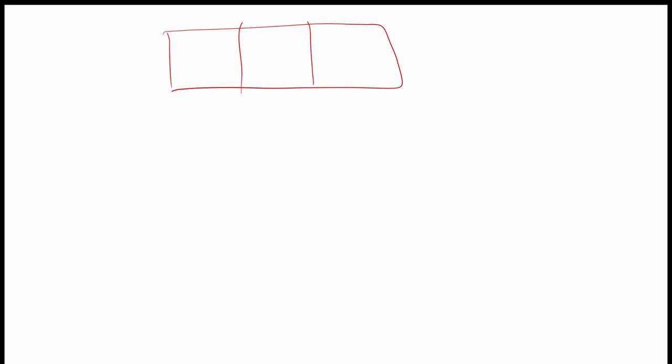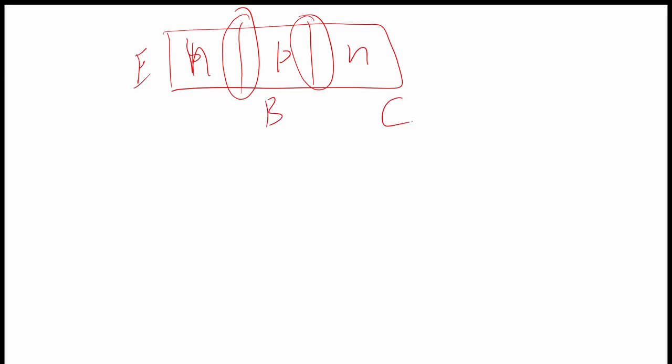So this is P. I have made the slides according to the NPN transistor. So this is N, this is P, this is N. So there are two PN junctions, one is this one, one is this one. We call this one the emitter, this one the base, this one the collector.